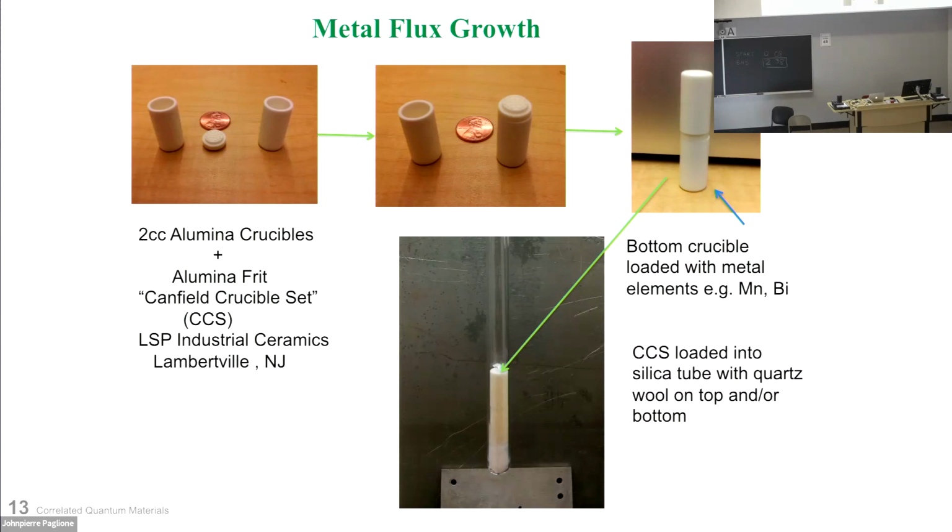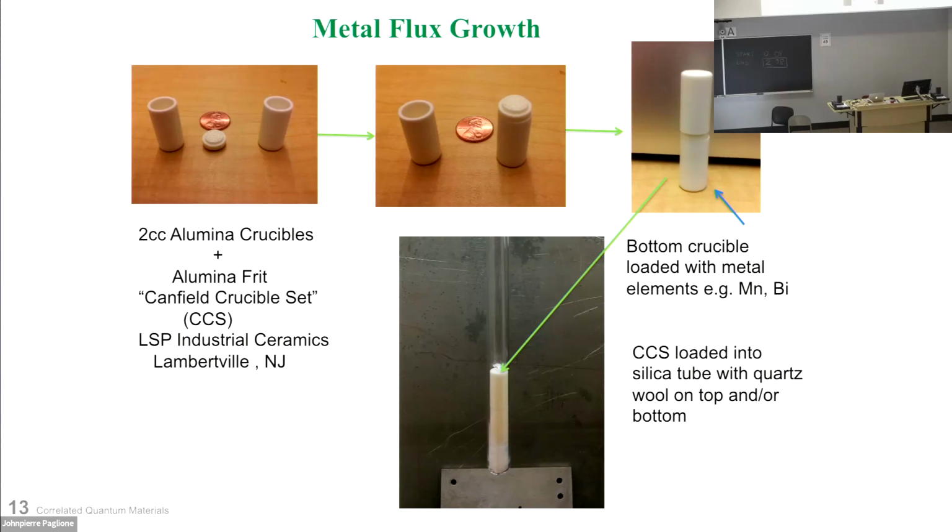For example, if you're growing a crystal of manganese bismuth, you put a little bit of manganese and a lot of bismuth in this crucible. You put the top one, and then you put this other crucible on top, so it looks something like that. So your material's in here, then you put all of this into a quartz ampule, put silica quartz wool at the bottom and at the top, and then you seal this.